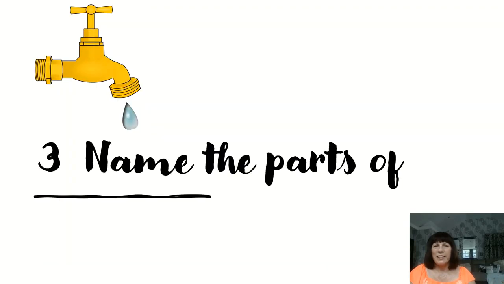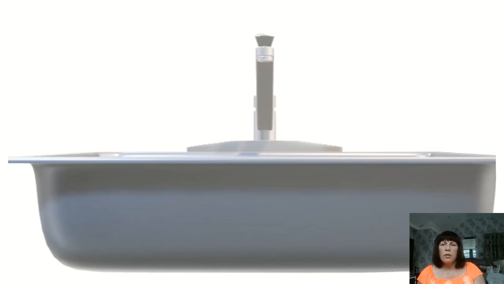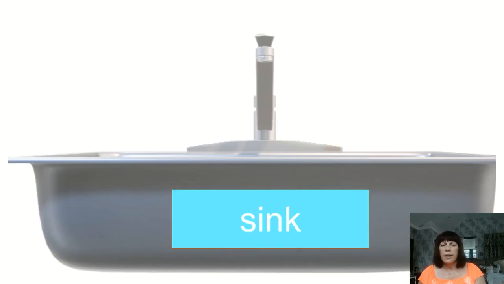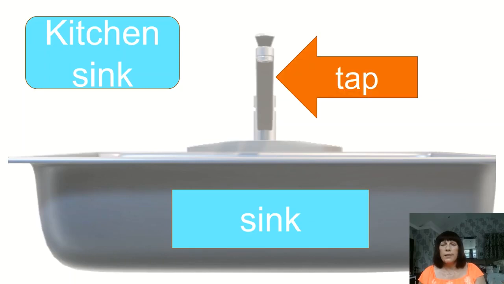What's this? So now we're going to name the parts of the furniture. This means the bits that belong to the furniture. So we said this is a sink. We call it kitchen sink if it's in the kitchen. Tap.